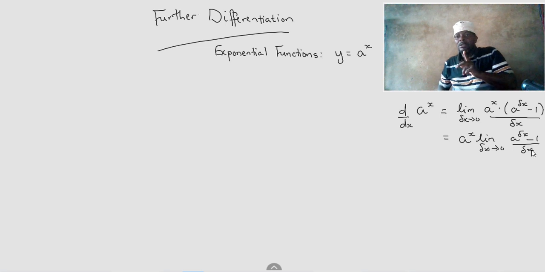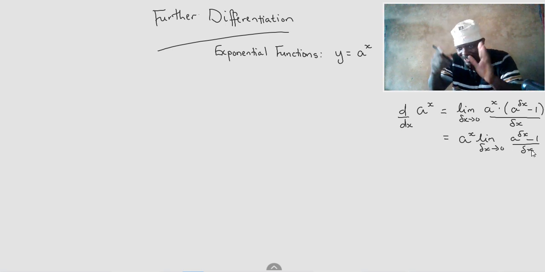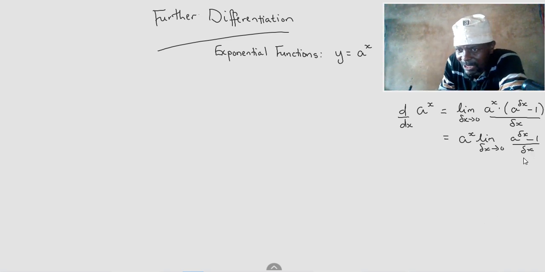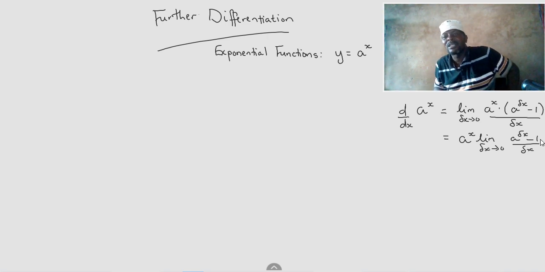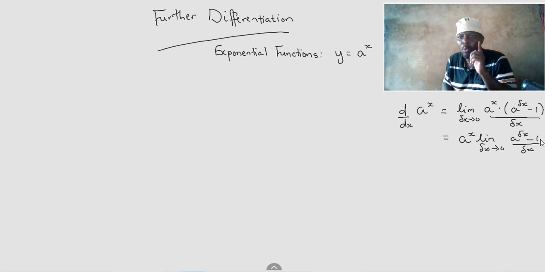Now, I could have written this already, but because I had already started, I said, you know what, let me leave it. I'll just continue. It's the same thing. So as x tends to 0, at 0.01, that becomes 0, and the limit as that tends to 0 for e to the x was actually going to give us 1.